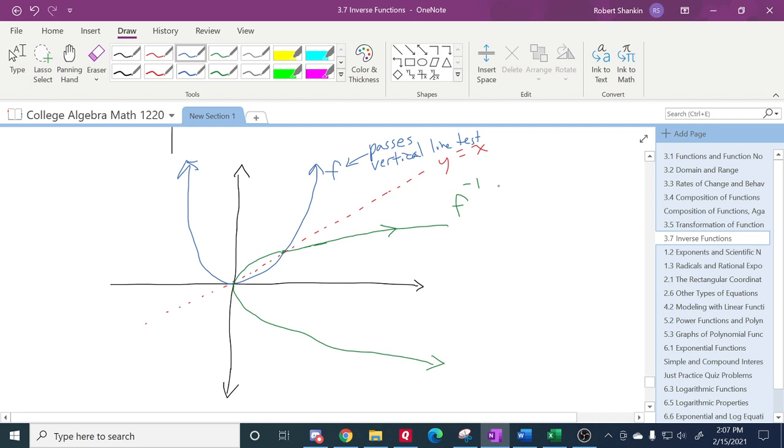It does not pass the vertical line test. If there's even one vertical line that hits the graph at more than one point, then it's no longer a function. Well, this has lots of such lines. So it is definitely not a function.